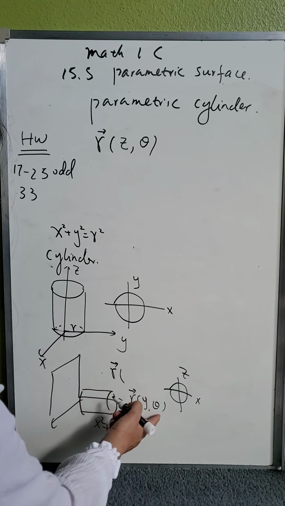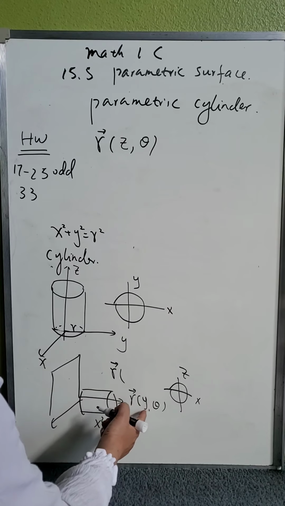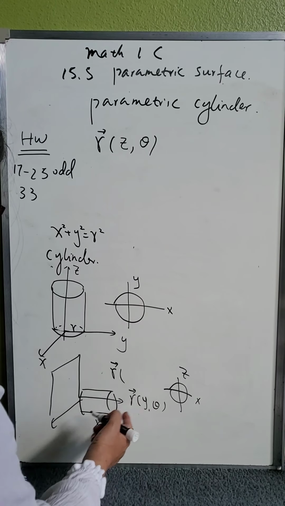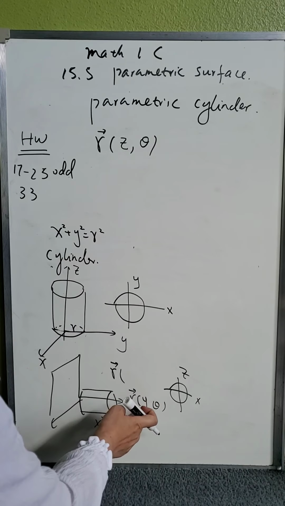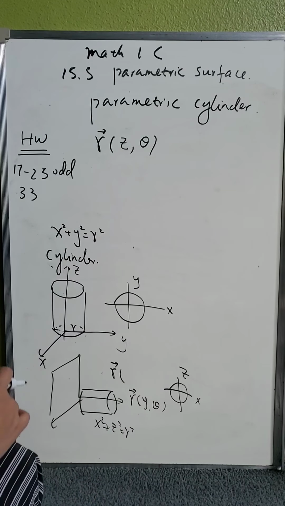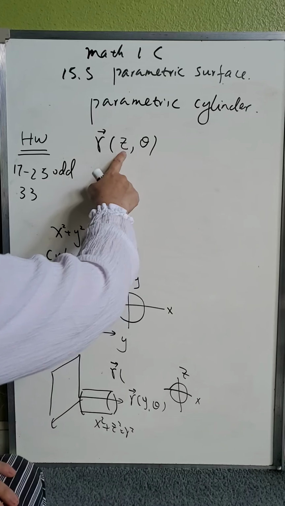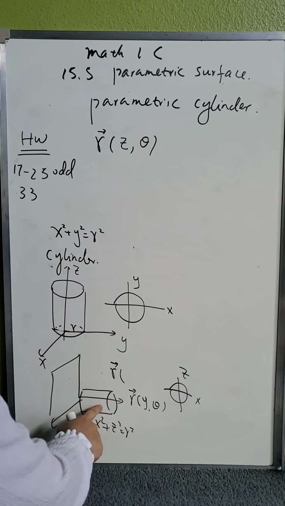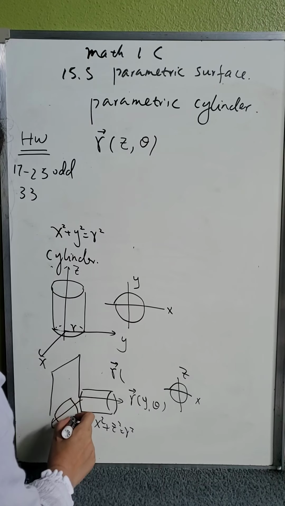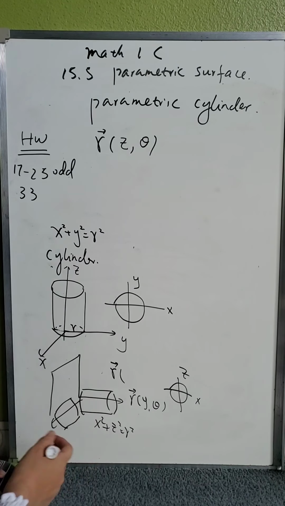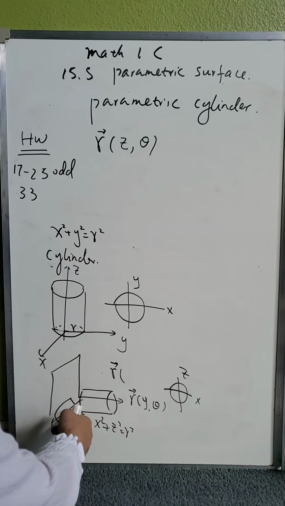So when you parameterize, if you don't use a z here, you aren't going to get the right answer. This is the one that you're missing, that's what you put right here. But 99% of the time it's a z. Sometimes it could be the other way, the cylinder could lie this way, and then your x is missing.